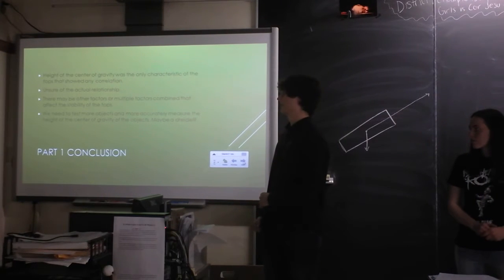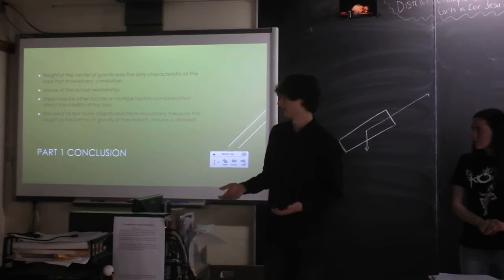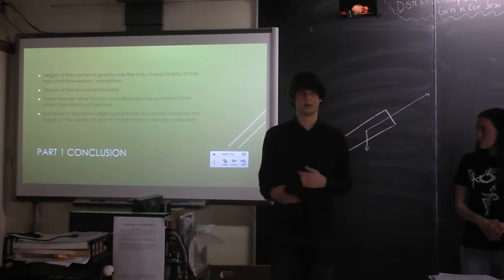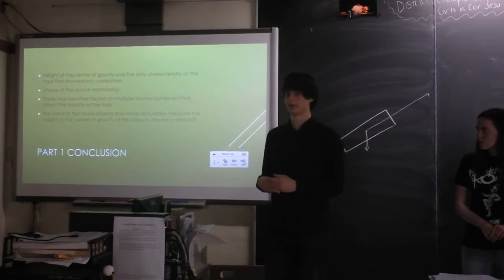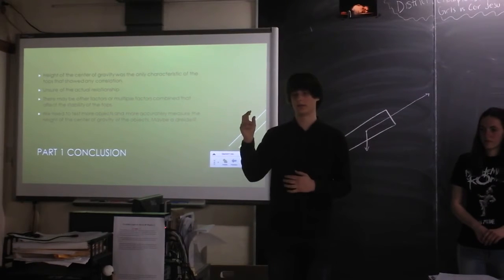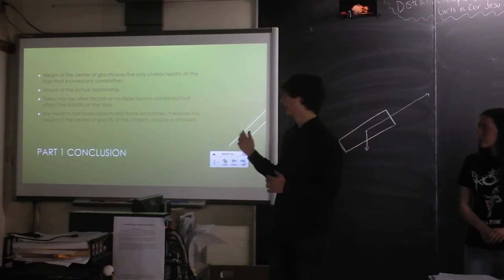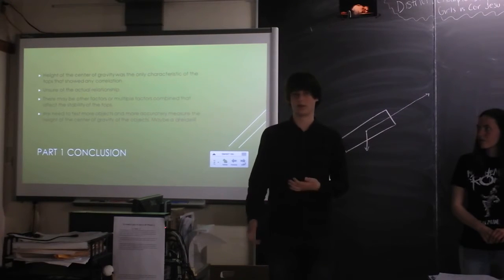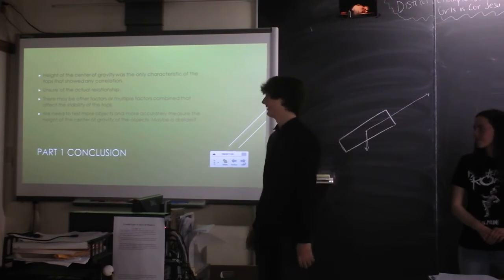To do this better in future, we could test more objects and have even greater variety of objects. That skittle, the white one, has a high center of gravity, and we wanted to find one that was tall and had a low center of gravity. So we tried to find a dreidel, but we couldn't get one.